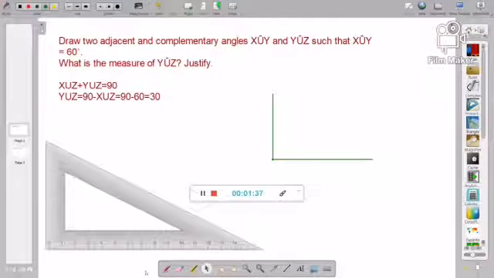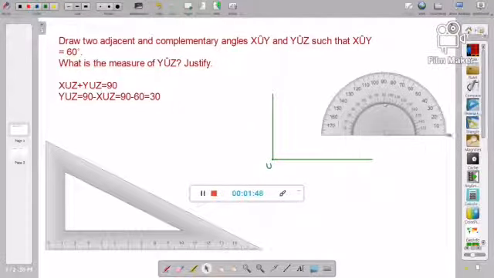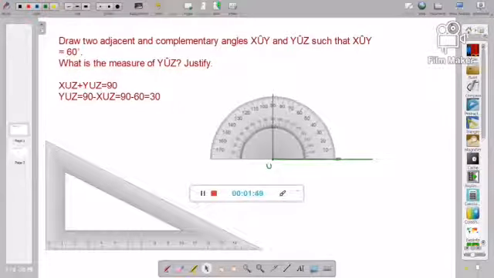Okay, so this is the vertex U. Now I measure 60 degrees using the protractor. I put the 0 over here, I measure 60, I put a point on the 60, here it is, then I join them.